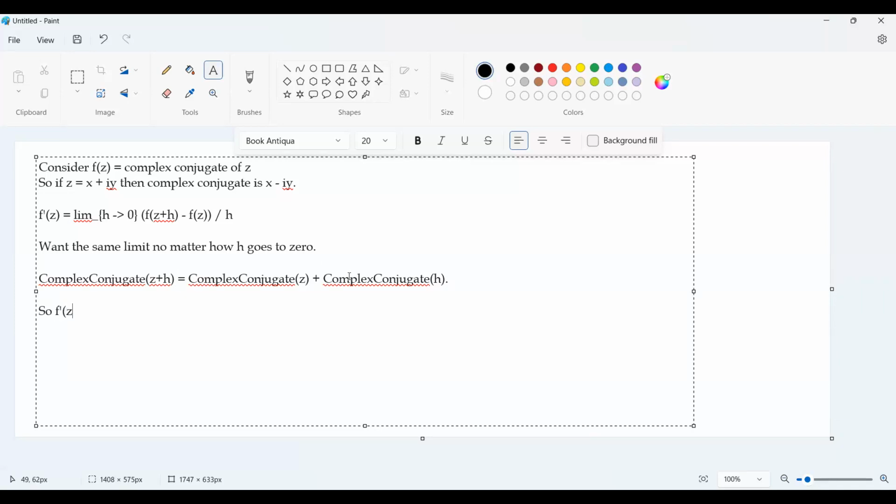So f prime of z would equal the limit as h goes to 0 of the complex conjugate of h divided by h. Now, if the limit is to exist, it has to exist no matter what path we take. So can somebody give me a good path to take?